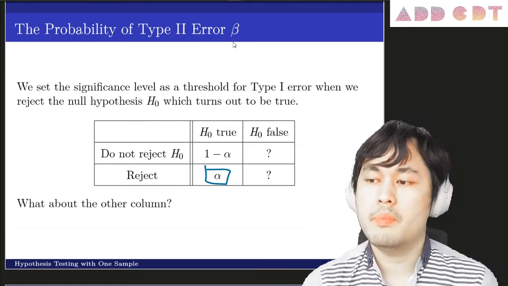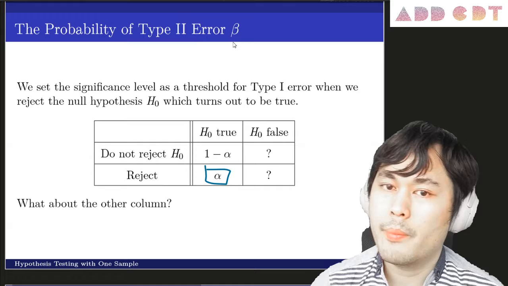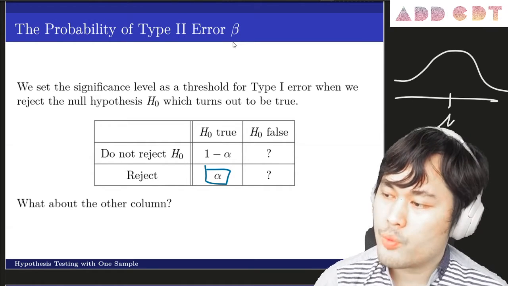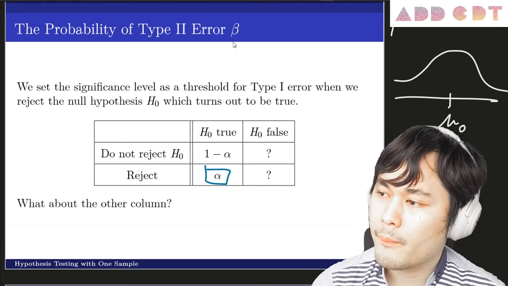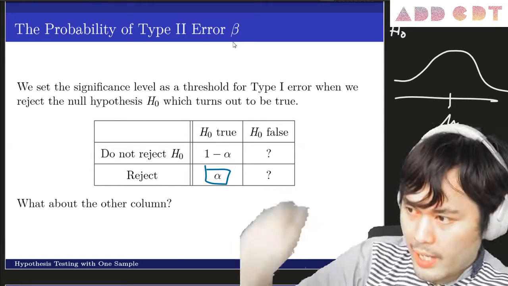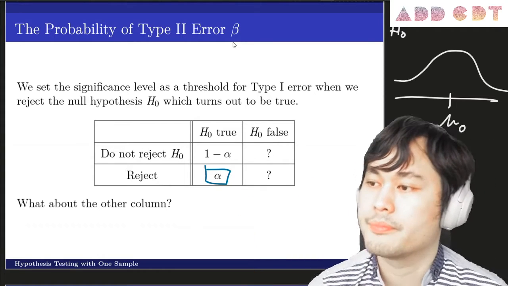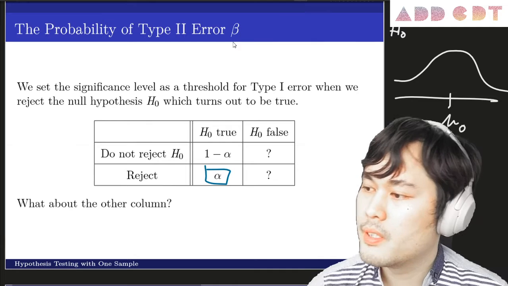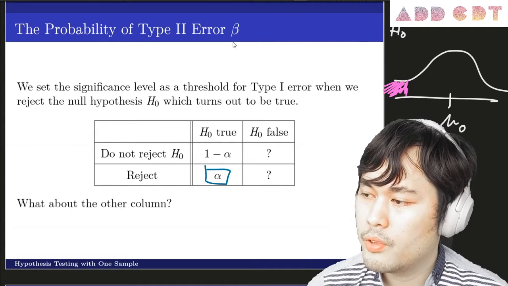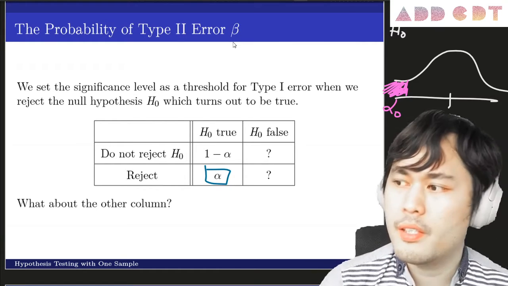Because we cannot be 100% sure, we have to have some error in our decision making. If H naught is true, that means we actually have this nice normal curve. That means there's a chance that we will make an incorrect decision.